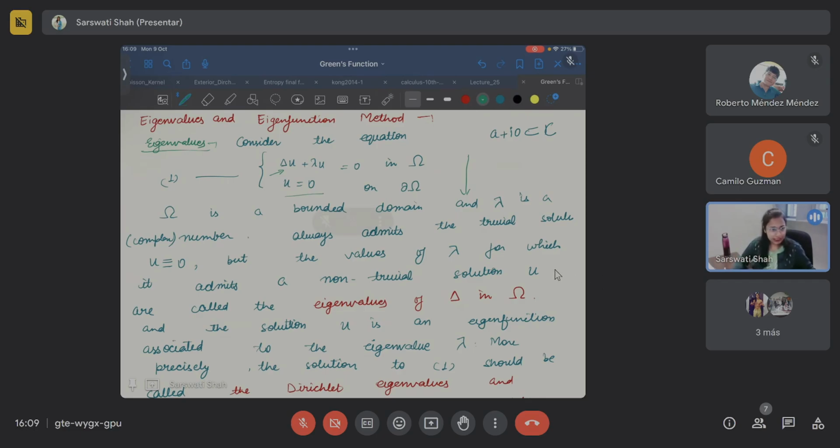But in the previous classes, we did not mention that it is an eigenvalue and eigenfunction problem. What is the difference between the previous conditions and this condition for which we are calling it an eigenvalue and eigenfunction problem? Just think, it is very easy. I think you know. Just have a look at this.